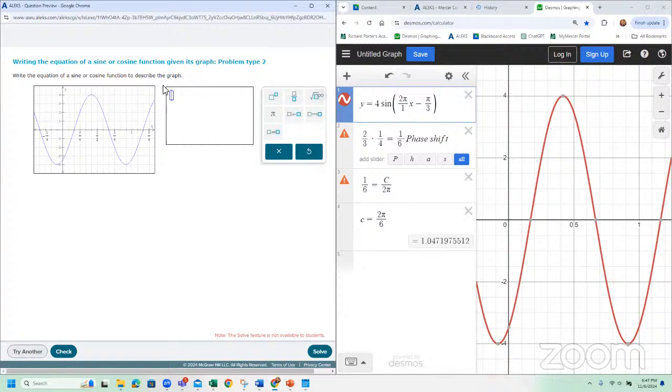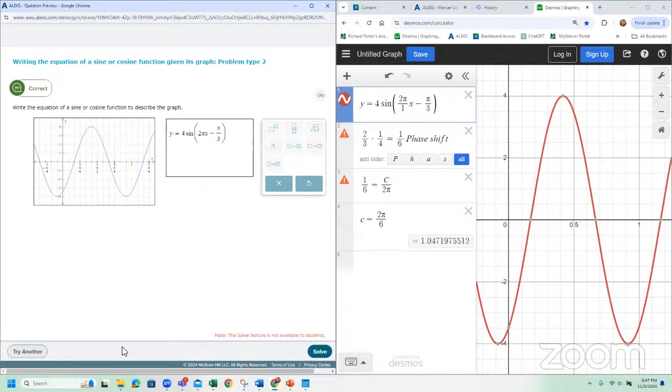So I think you have to do y equals 4 sine parentheses 2 pi x minus fraction pi over 3. I think that might be it. Let's check it. That's correct.